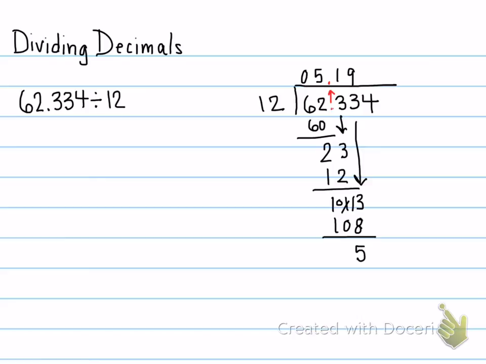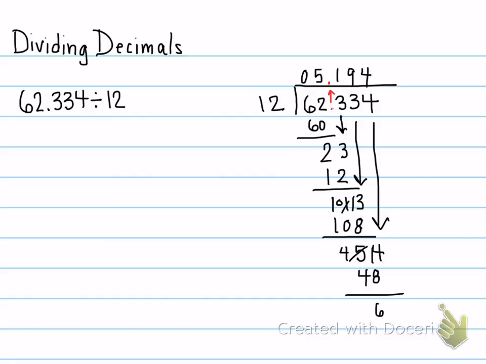I'm going to bring down the next number, which is a 4. Oops, I wrote a 5. The next number, which is a 4. 12 goes into 54 4 times. That's 48. And when I subtract, 14 minus 8 is 6.